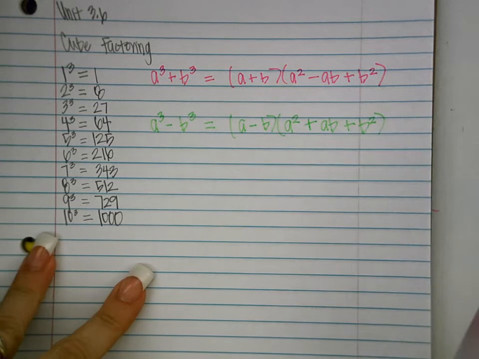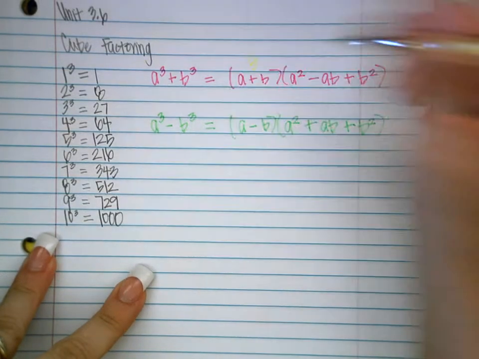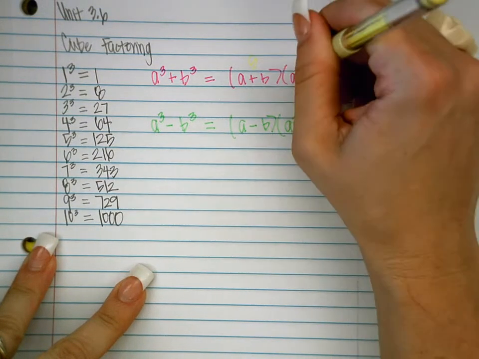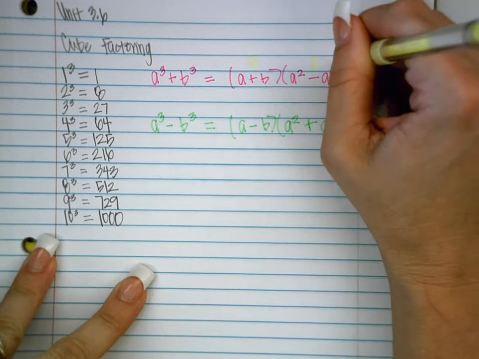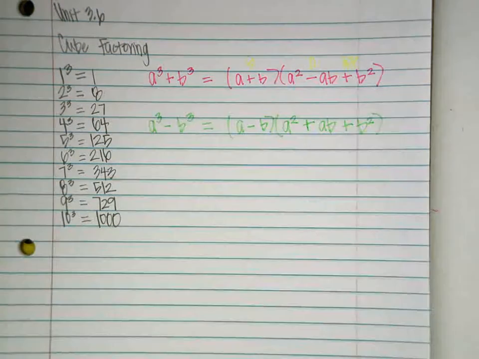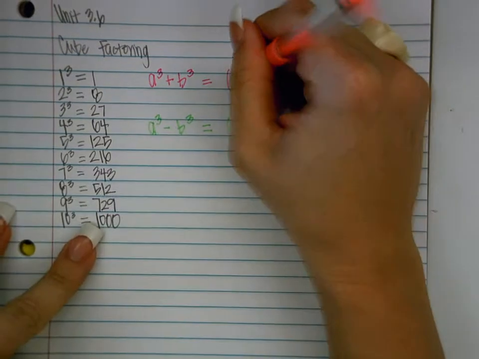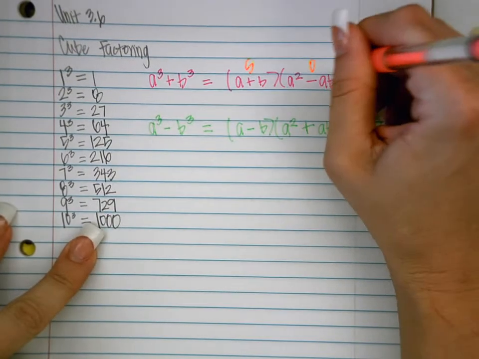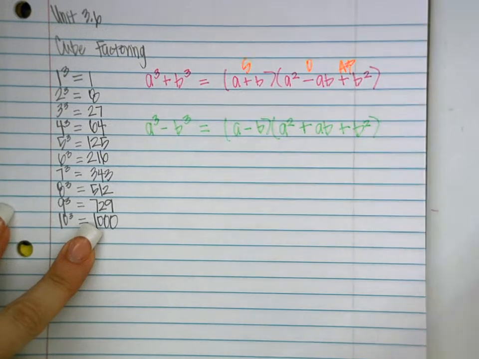S stands for same, O stands for opposite, AP stands for always positive. So put in your SOAP signs. Sorry, you can't really see that. Let me change colors. So S for same, O for opposite, AP for always positive.